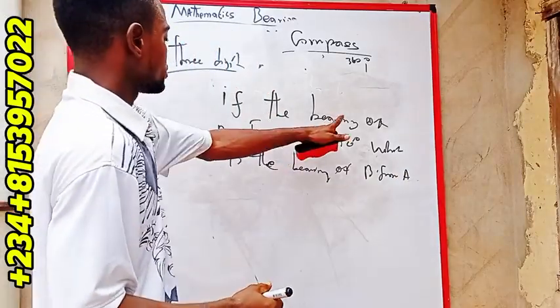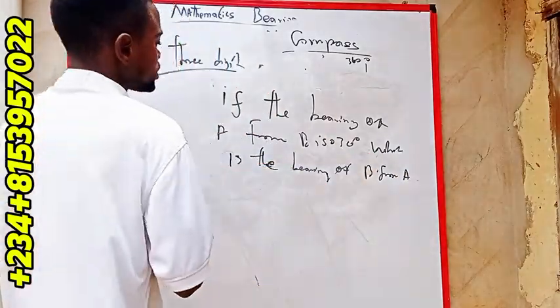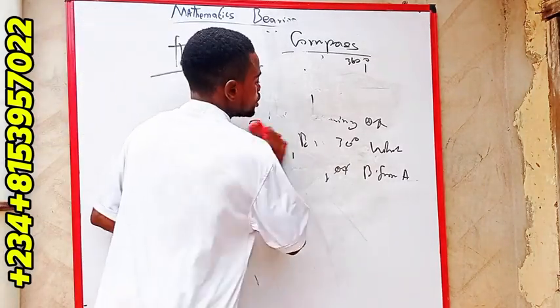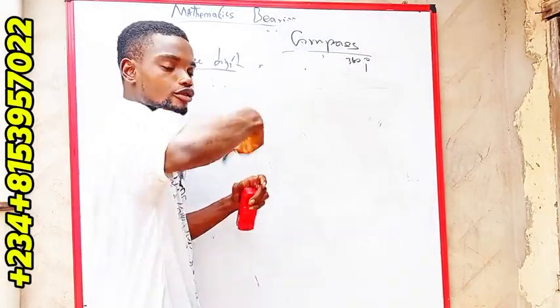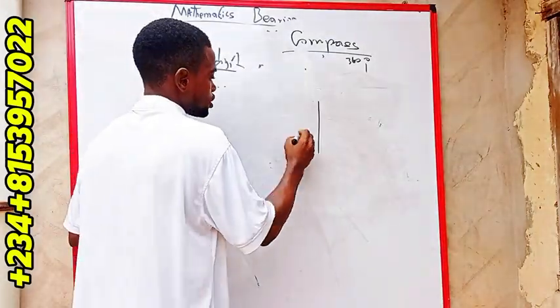If the bearing of A from B is 30 degrees, let's represent it. So this is point A.